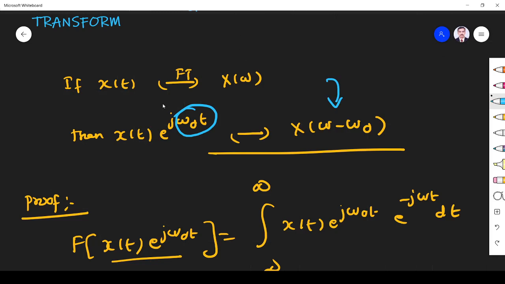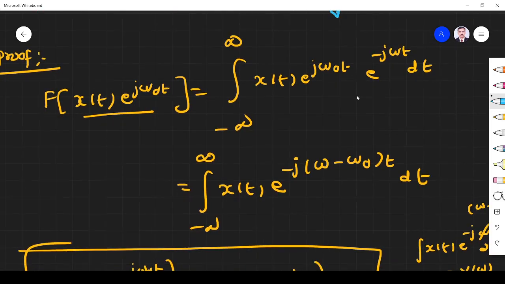When you multiply your time domain signal by a complex exponential, the frequency domain spectrum is shifted by the same amount, omega naught.